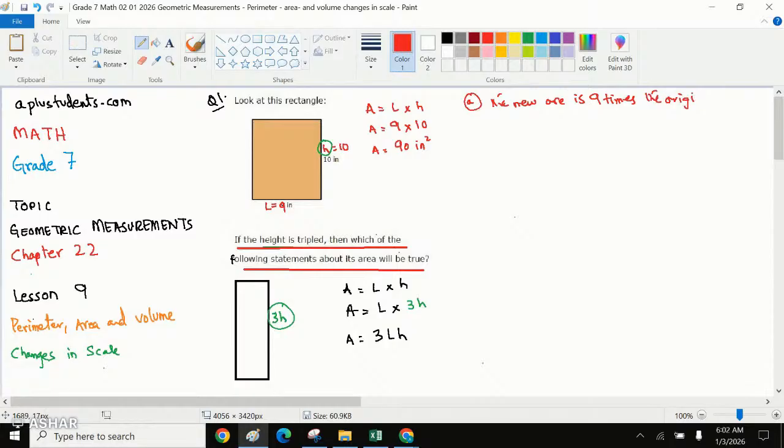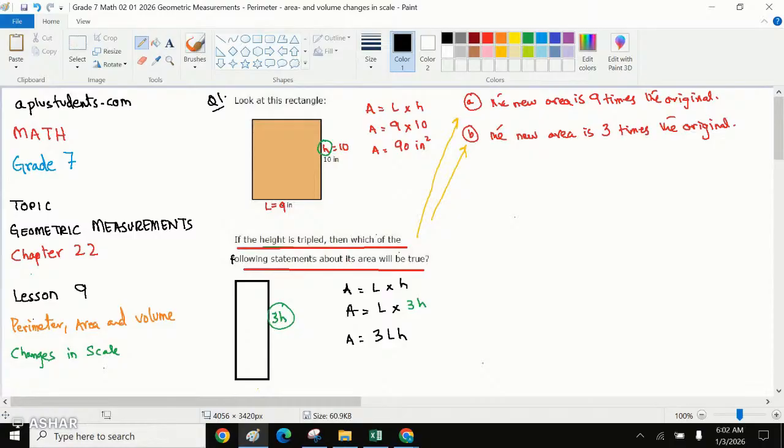Okay, that is statement A. Let's look at statement B. The new area is 3 times the original. Okay, so let's see which statement is true, because they're asking us which of the following statements is true. We've got two statements over here, right? So let's see which statement would be true.